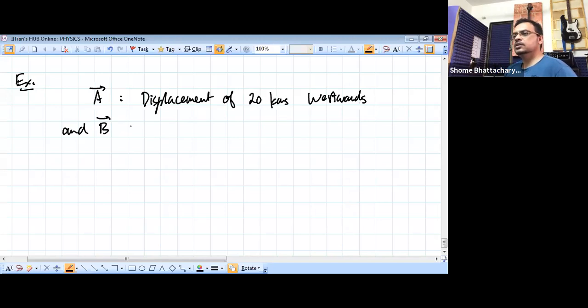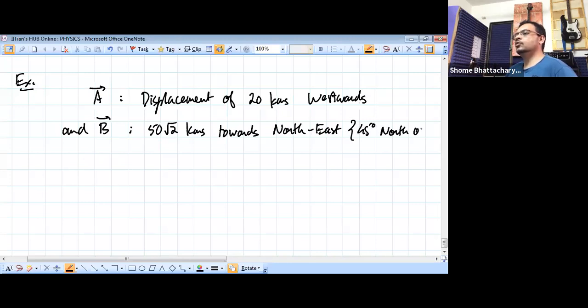Now suppose B is a displacement of 50√2 kilometers towards northeast. That is 45 degrees north of east.